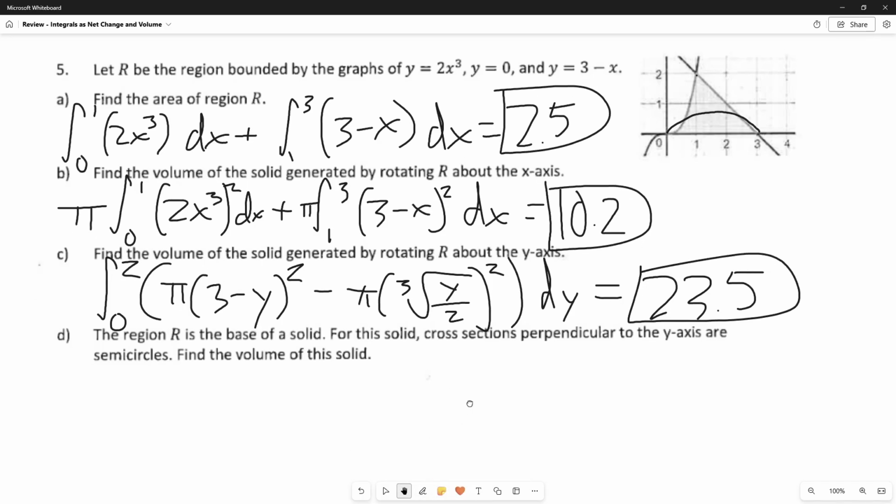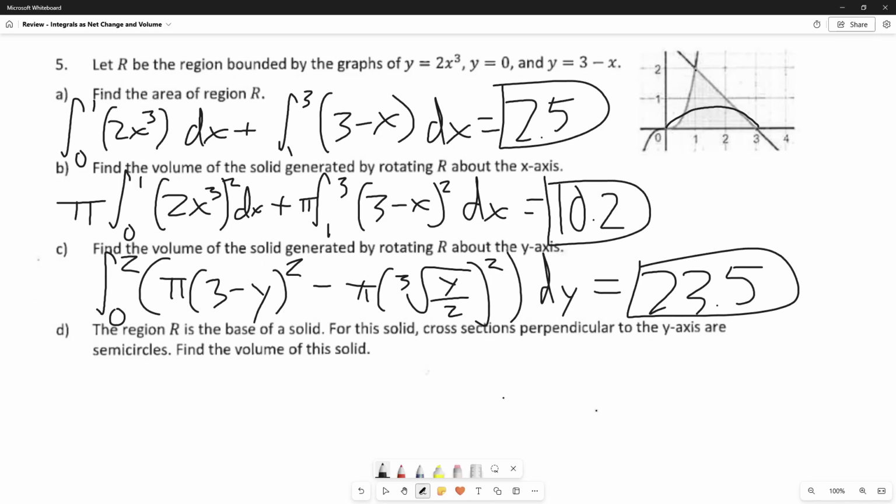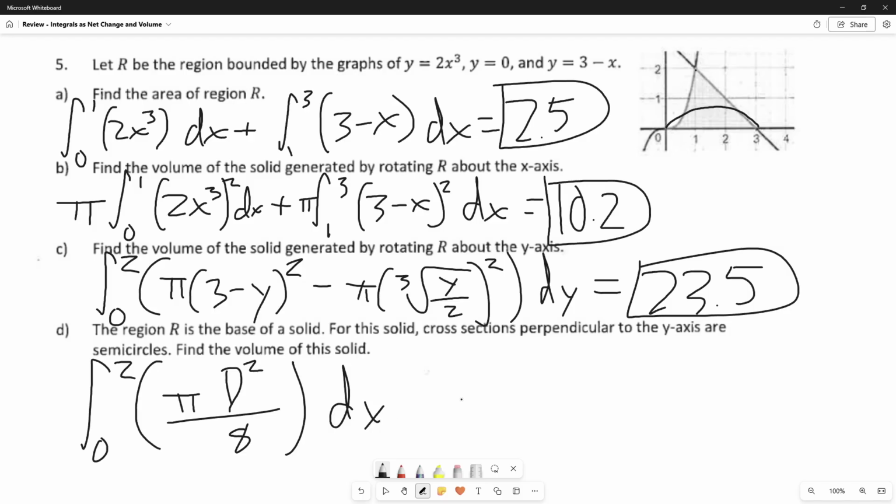And this is just going to be kind of like part C, where we're taking the definite integral from the y-axis. So it's going to be from 0 to 2 of pi times the diameter squared over 8 dy, because this is the formula for a semicircle, and we need to figure out what the diameter is.